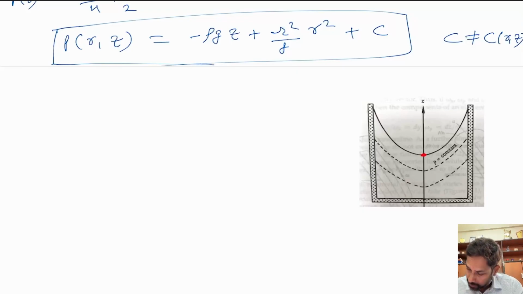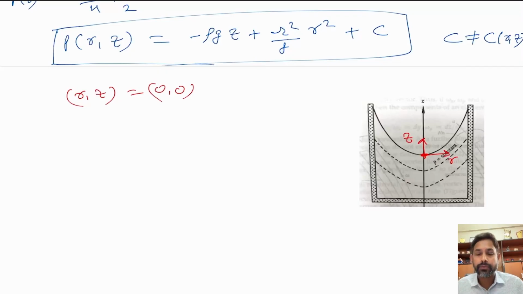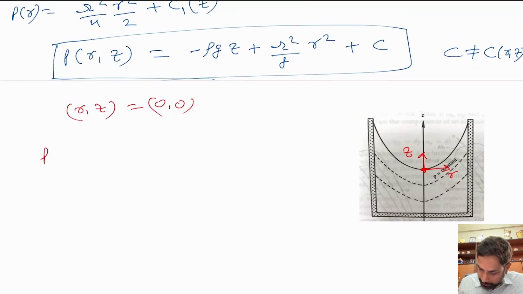And let's define our r and z from this point. So if this is the z axis, we define r from here, so we can call this point rz equal to 0 0. That point we are defining as the origin of the coordinates from where r and z are measured. All right, and if we do that, we can assume p at 0 0 is equal to p atmosphere, because that is in contact with air, right? So here this is air, and what you have here is water.